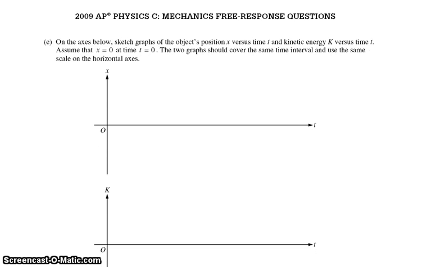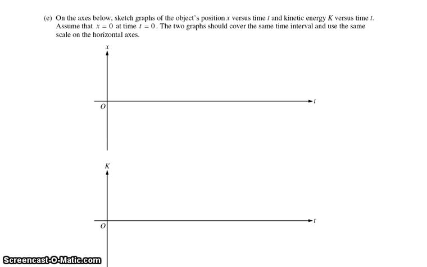Okay, here we are. Sketch graphs of the object's position versus time and kinetic energy versus time. So how are we going to do the position versus time? Well, the thought that came to my mind is, first of all, let's think about what the potential energy graph would look like. U equals 4x squared. So I'm drawing an axis here. Here's the potential energy.